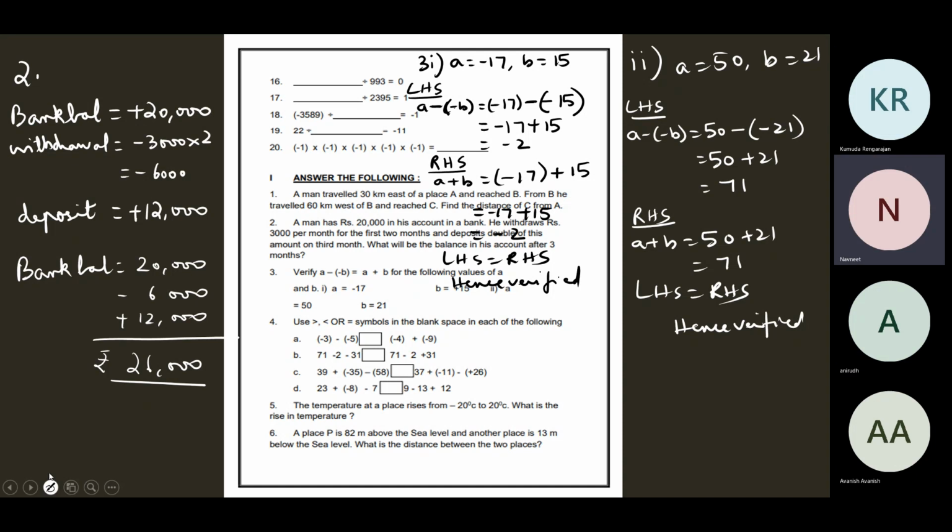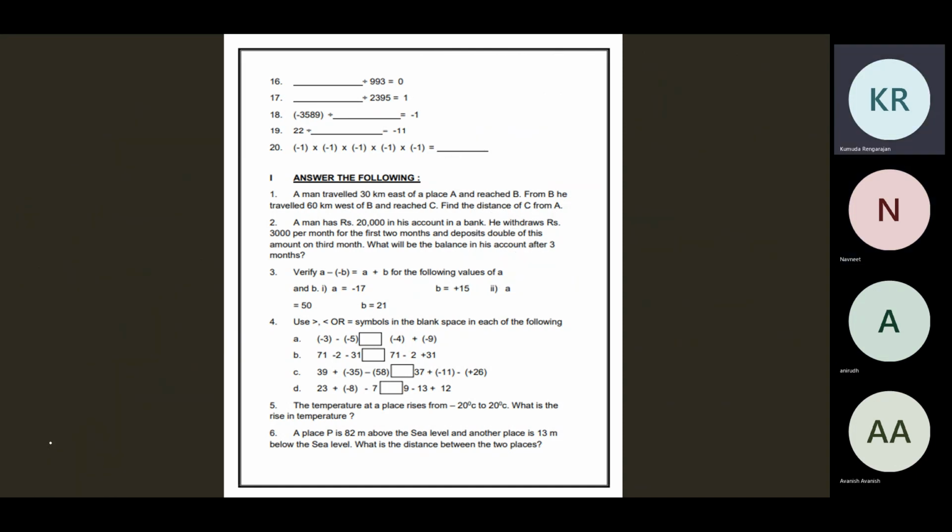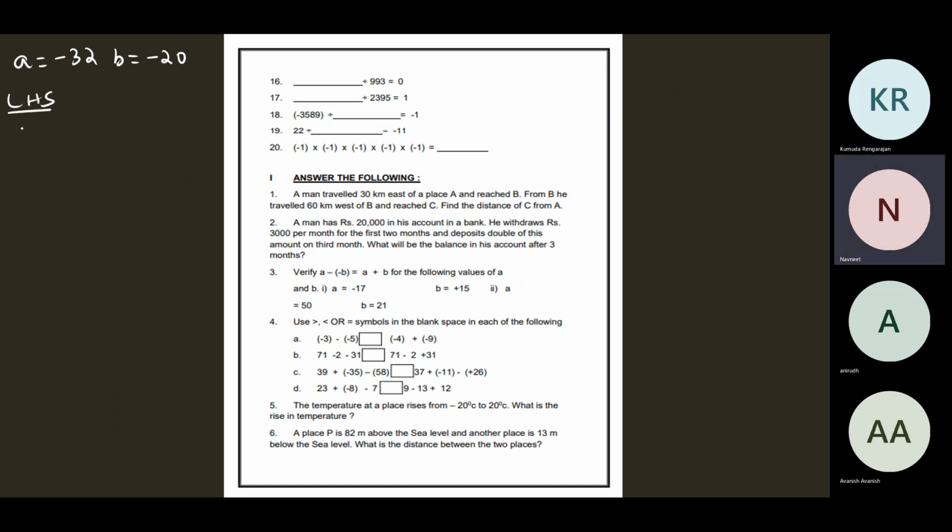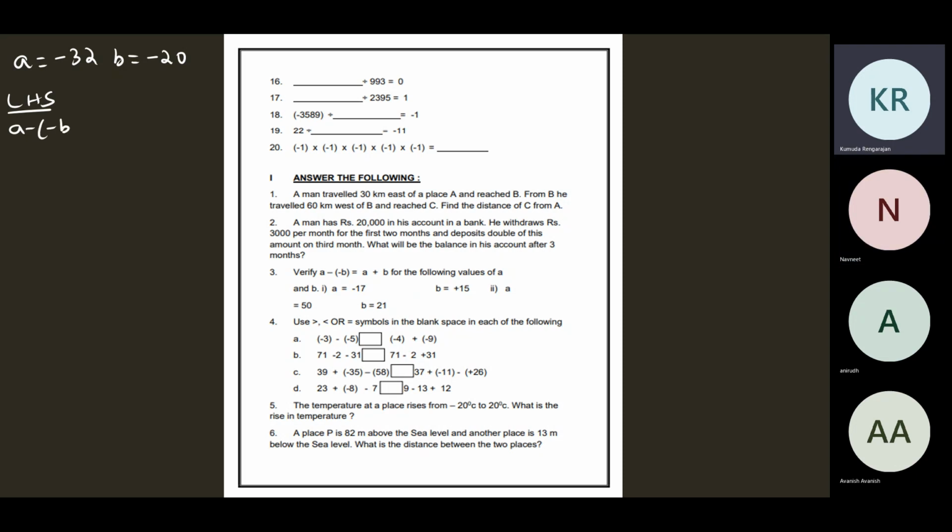Yes, ma'am. Okay, now tell me how to do this. Same property. If A is minus 32 and B is minus 20. LHS is what? A minus of minus B. This is the LHS. So what should I write?